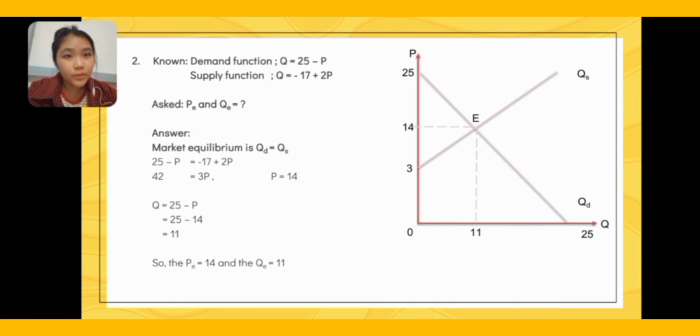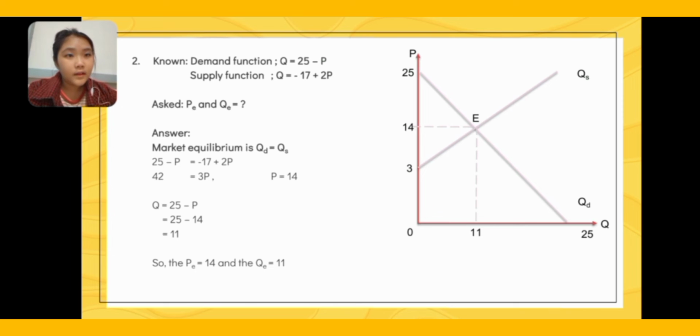Okay, now I will explain the implementation of linear functions in economics and business. Example number 2. The demand function is Q equals 25 minus P, and the supply function is Q equals minus 17 plus 2P. And then we are asked for the price equilibrium and quantity equilibrium.